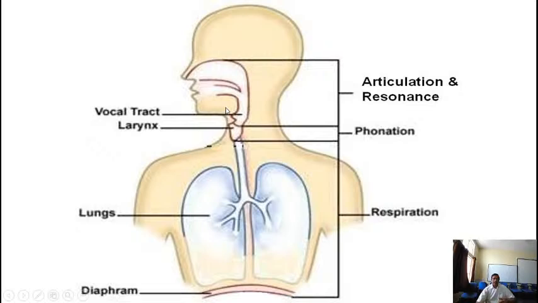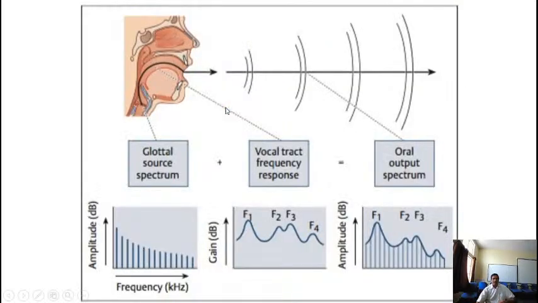So this is the basic mechanism of vocal production. Once again, to emphasize, the glottis is where the basic source vibration occurs. The vocal tract, the resonating chambers, and the oral ultimate output, this is the one which we hear as speech.